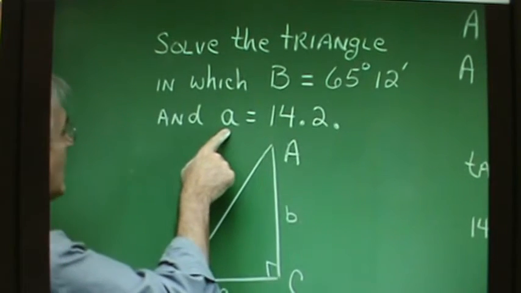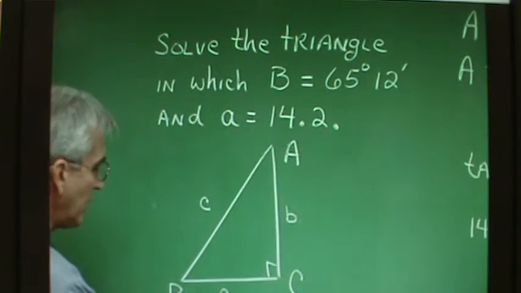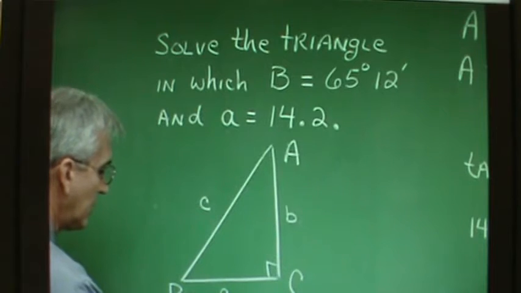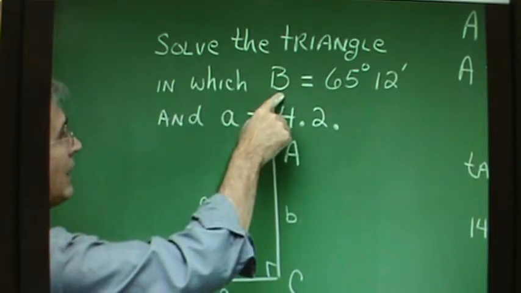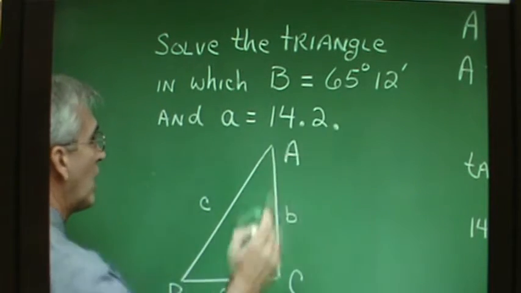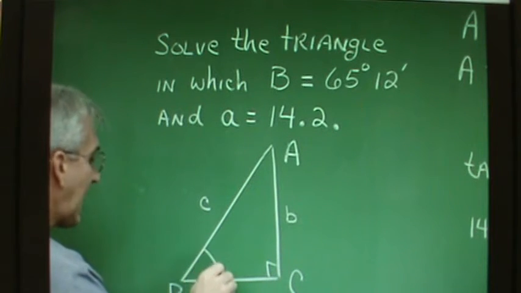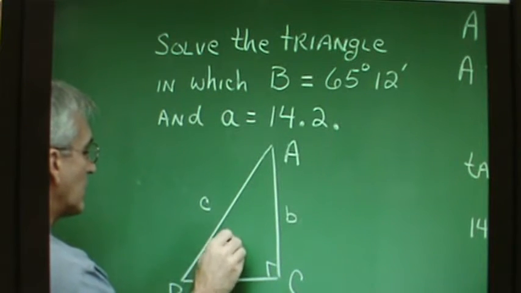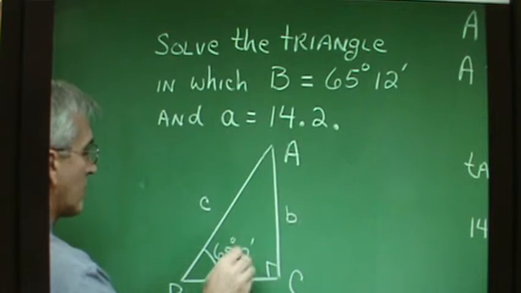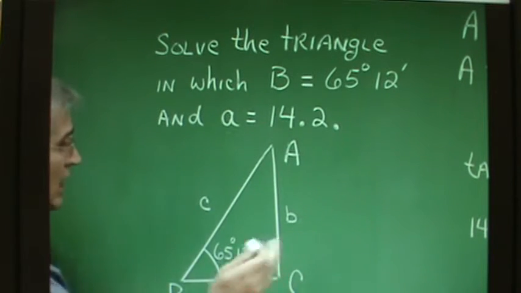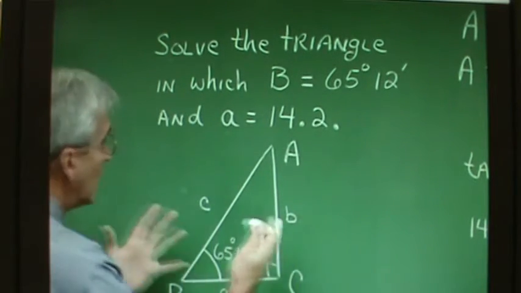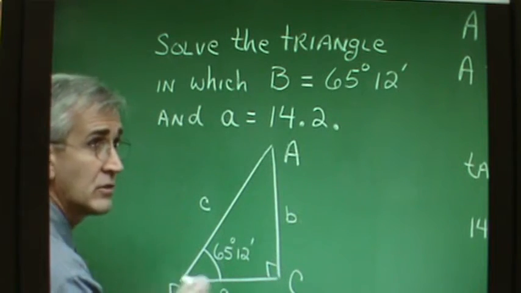Now if side a is 14.2, that means this side is 14.2. And if angle B is 65 degrees 12 minutes, that means this is the angle that is 65 degrees 12 minutes. Okay. We want to solve the triangle, and that means finding the lengths of sides and sizes of angles.